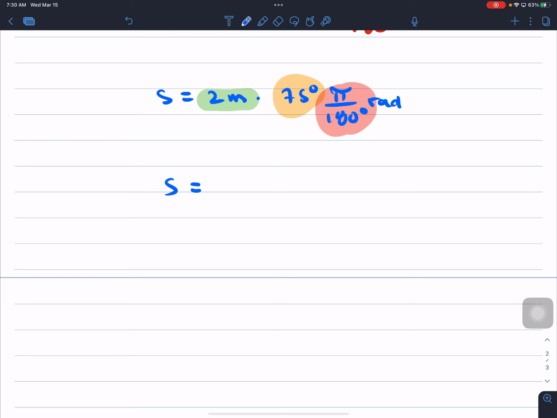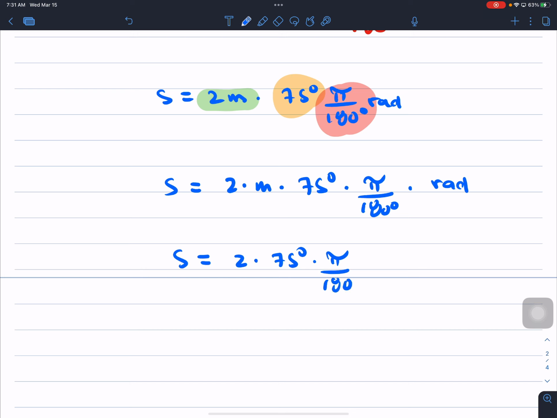And then remember the meaning of everything I'm doing. This is 2 times m times 75 degrees times pi over 180 degrees times that word radian. And then the order in which you multiply does not matter, okay? I can just now switch the order of all these terms where I put my units at the end.